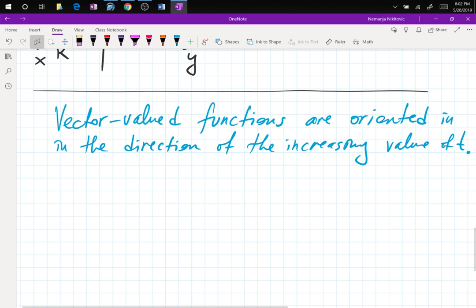So curves are oriented in space, and we can use the orientation to see which way the particle or whatever is moving.